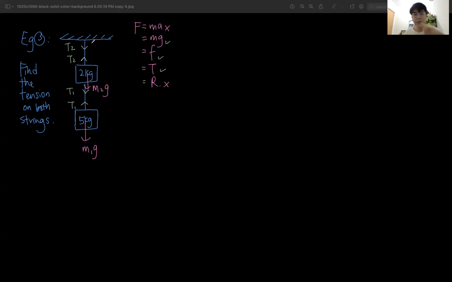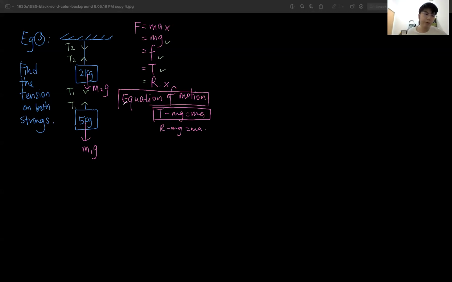To find the tension, first you need to get the equation of motion. 什么是 equation of motion? 就是刚刚我们 derive 的全部那种 equation. 你的那个 T 减 mg 等于 ma，或者 R 减 mg 等于 ma，这种就是 equation of motion. 我们首先要拿到那个 equation of motion，我们才可以 solve 那个 unknown. So if you want the equation of motion, then we look at the resultant force, right?